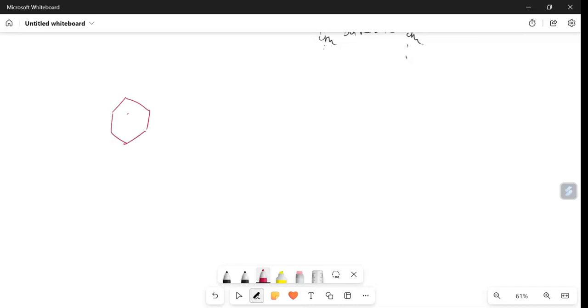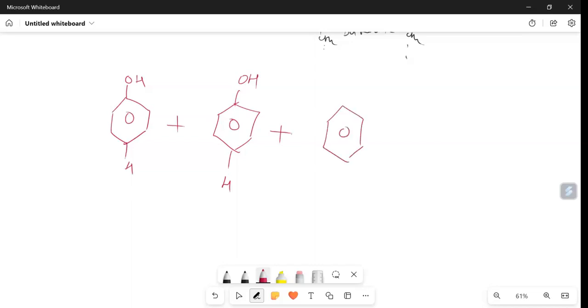This is your phenol plus again phenol plus phthalic anhydride, which is like that: C=O, O, C=O. Two moles of phenol are treated like that in the presence of concentrated H2SO4.